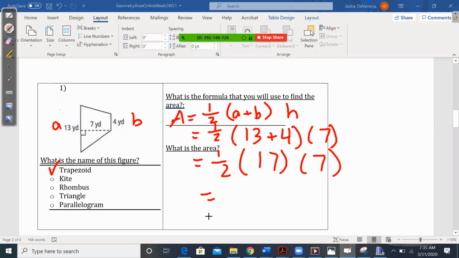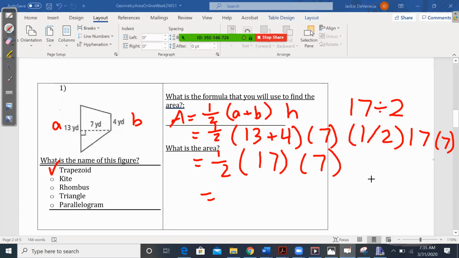So half of 17, if you want to put this in your calculator, you can just write 17 divided by 2. Or if you're using your graphing calculator, you're going to do 1 divided by 2, and then you have that 17, and you can put in that 7 as well. So I have 17 times 1/2, that's 8.5, times 7, that's 59.5.